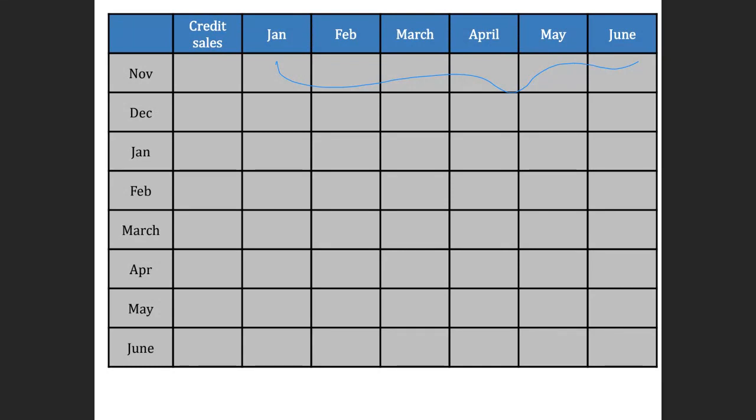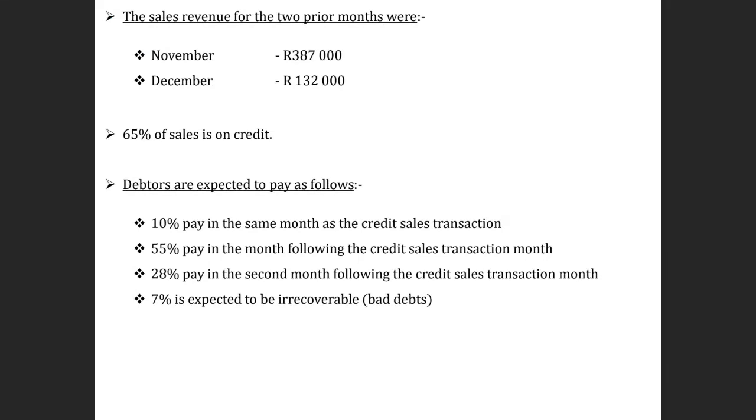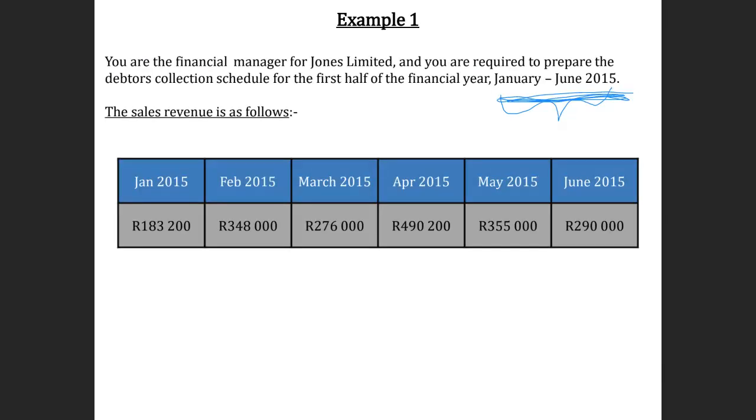Then in the first column coming down, it starts off with the very first month, November, December, and then you also had sales figures given to you for Jan through to June.